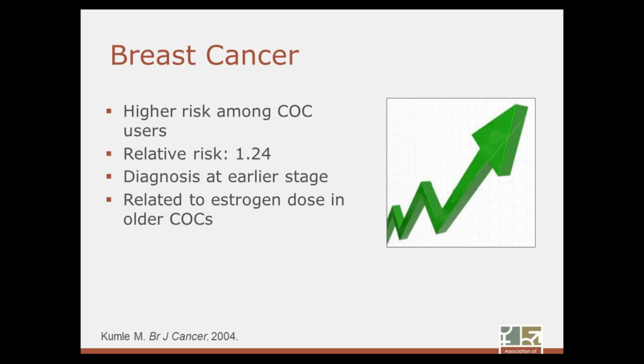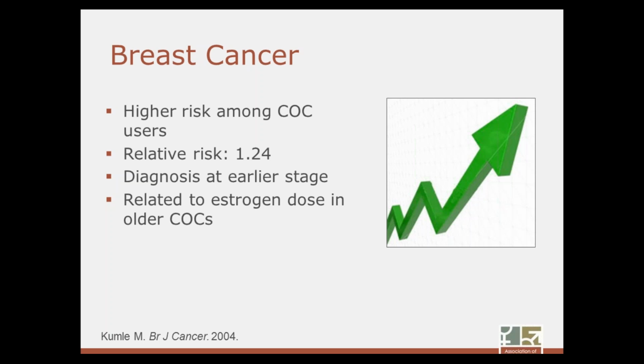However, it's important to note that the cancers diagnosed in the combined hormonal contraceptive user group tended to be at an earlier stage than those diagnosed among non-users. And that might just be because women who are on birth control are coming in for regular checkups and are more likely to do their other health maintenance tests, or it could be for other reasons.